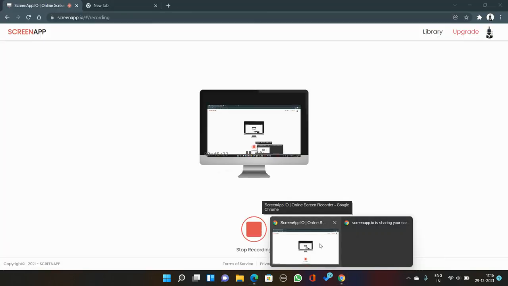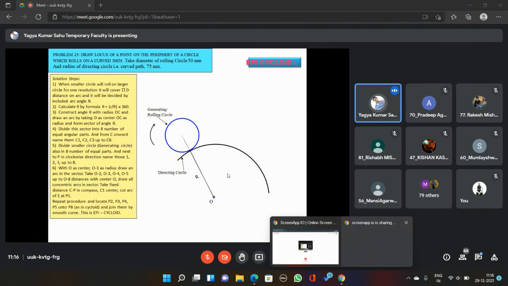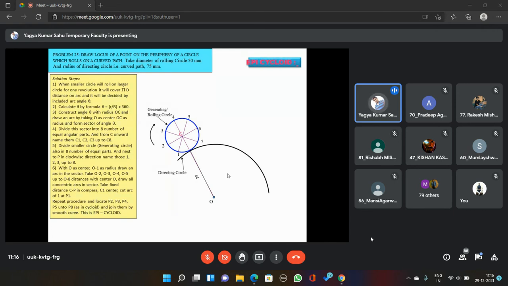So we can easily find out the angle subtended by this particular arc PP to O. So theta equals capital R divided by small r into 360. Tell me the value of theta for this particular question.